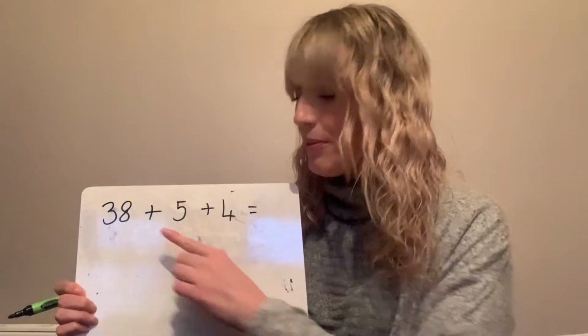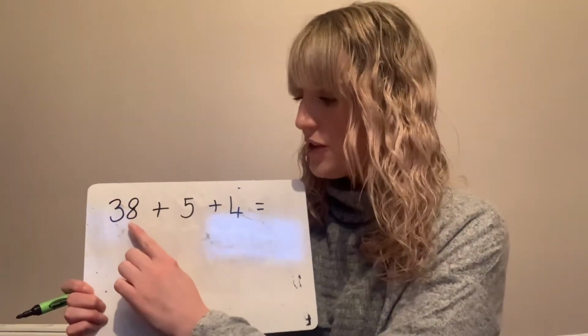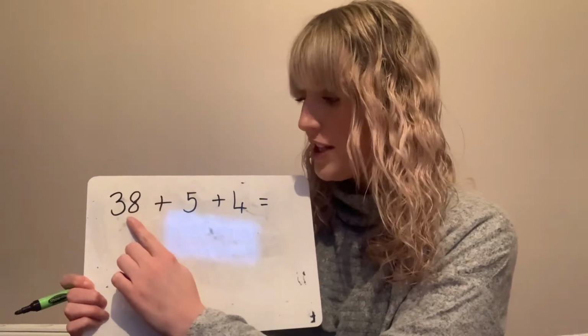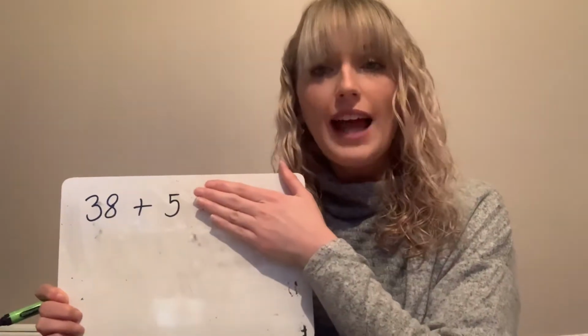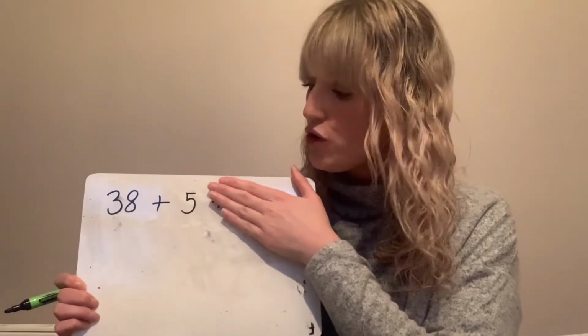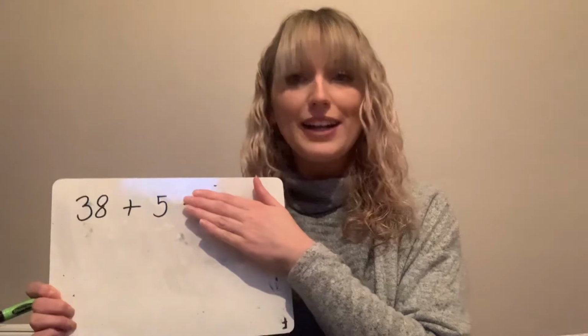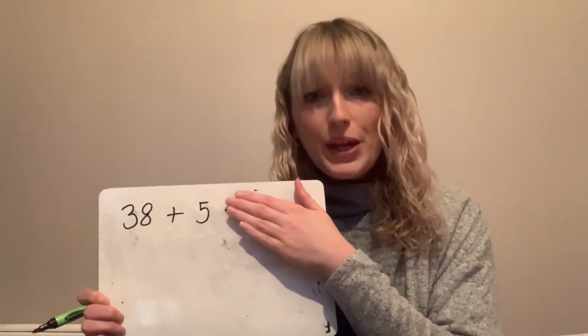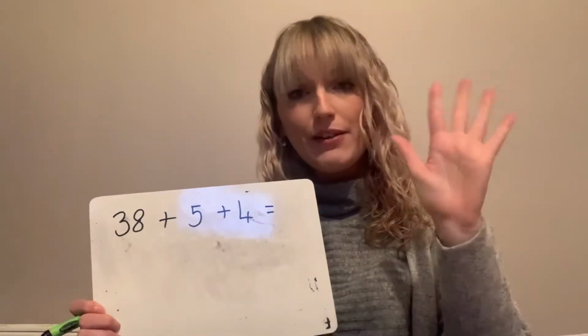So I'm going to start with the first part of my number sentence. So the first part is 38, add 5, and I'm going to cover the last part up because I'm just going to work that bit out first. So 38, add 5. Remember, when we add, we put the biggest number in our head and then we can use our fingers to help us.